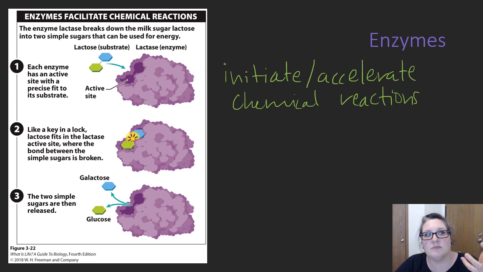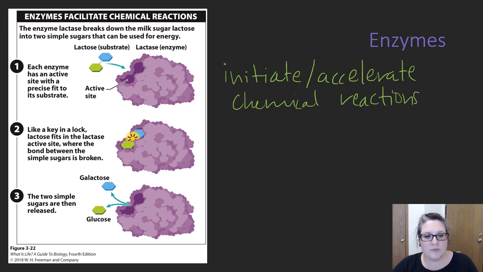Think about somebody sitting at the top of a slide. You give them a little push and they can go down the slide. Now, some reactions produce energy and some consume energy, but they still need some sort of little push to get over that hill. So what enzymes do is reduce that energy needed. You don't have to give them as hard of a push to get them going.